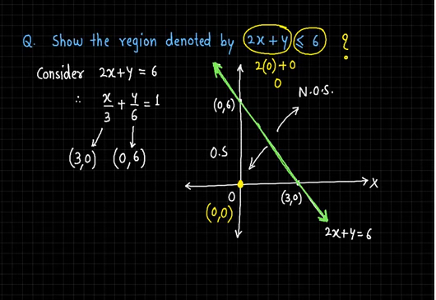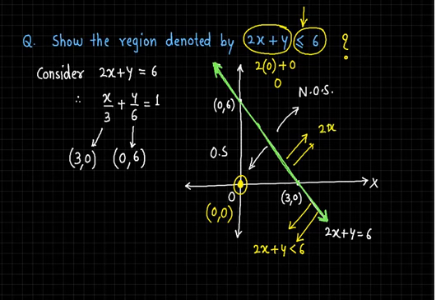So that means the region on which the origin lies represents the region denoted by that particular inequality. So in other words, the origin side of this particular line that we are considering represents the inequality 2x plus y less than 6, and hence naturally we get the other side to represent 2x plus y greater than 6.